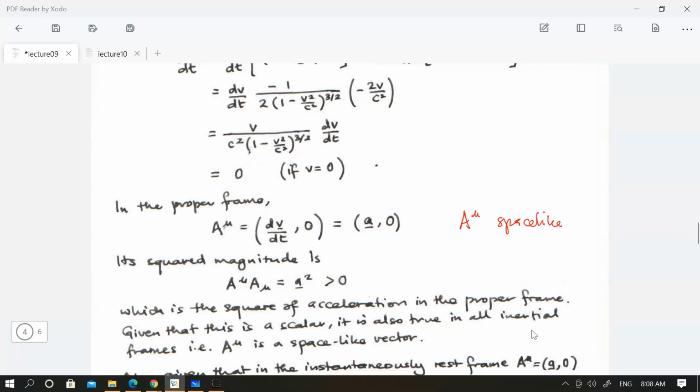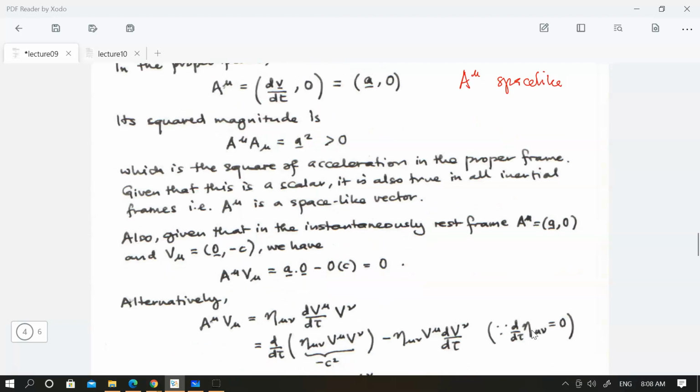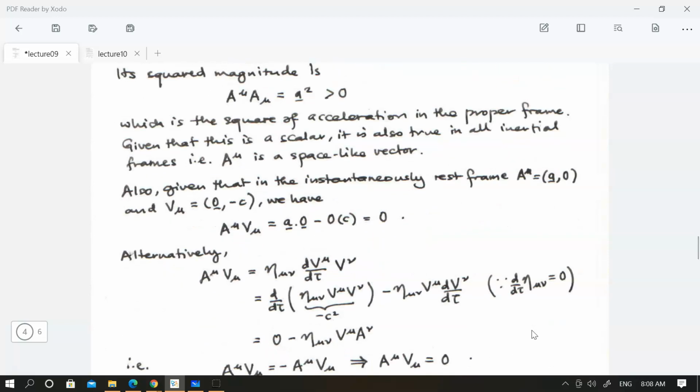Normally, if it is space-like in one frame, it will continue to be space-like in other frames. The one that we have shown is in the case of the proper frame, where you can see that this is going to be space-like. So if you take a different frame, it will also be space-like.